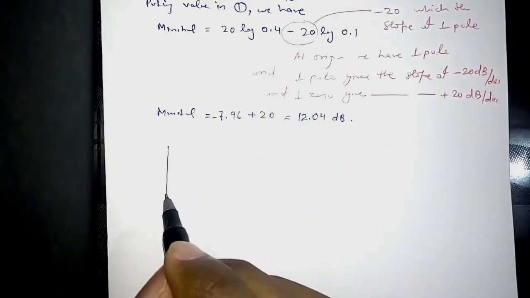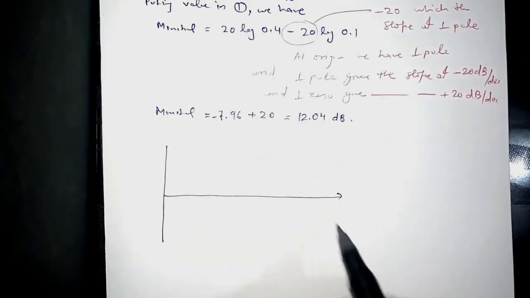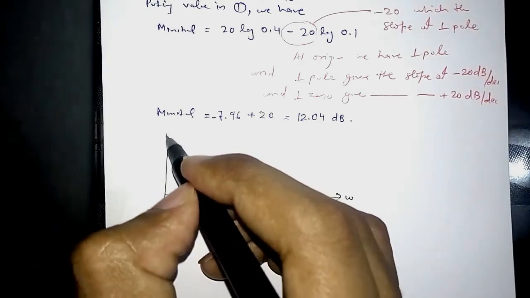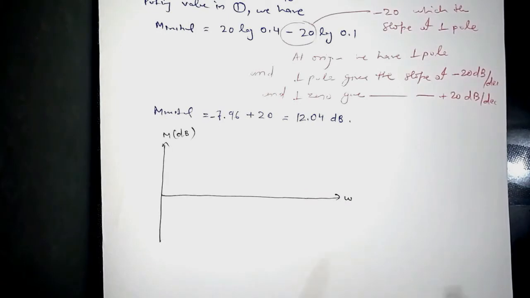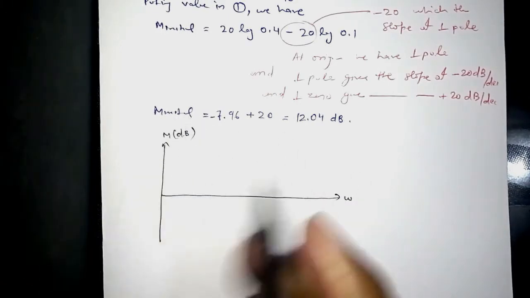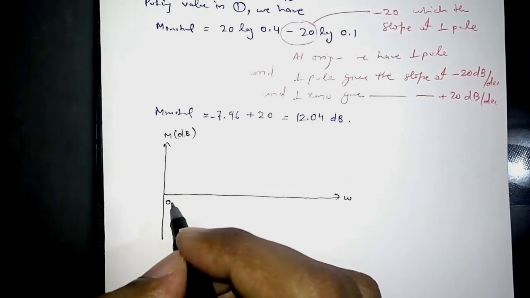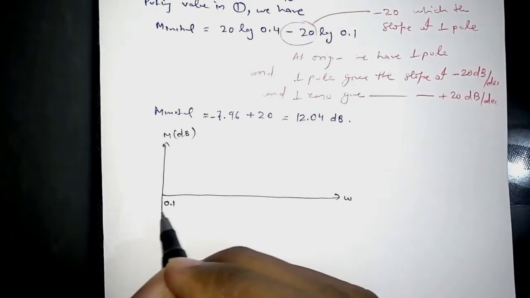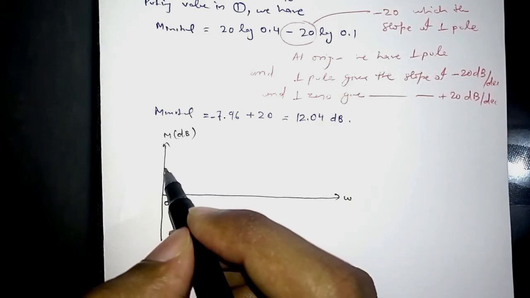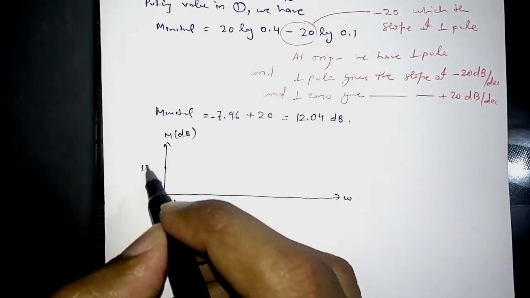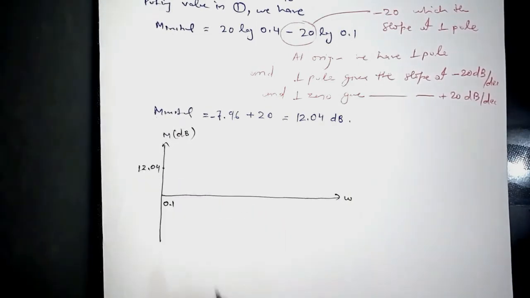So to draw the Bode plot, we need to draw the magnitude versus frequency plot. This is omega, this is magnitude in dB. So m initial is the magnitude at omega equal to 0.1, so this is 12.04.